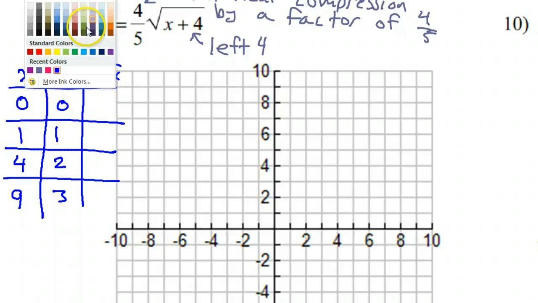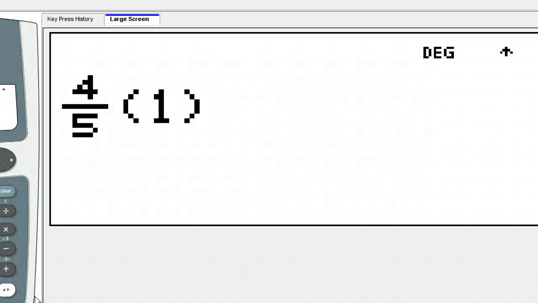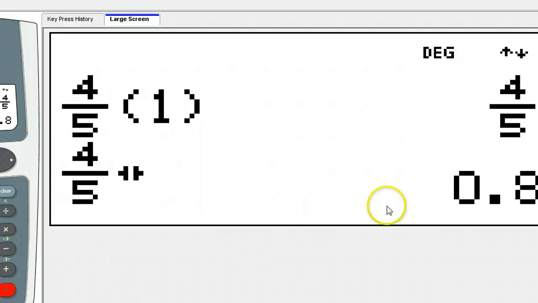Now, of course, 4/5 of 0 is 0. 4/5 of 1 is just 4/5. 4/5 times 1, you could think of it that way. I'm going to use decimals though, so if we toggle it, we see that is 0.8.